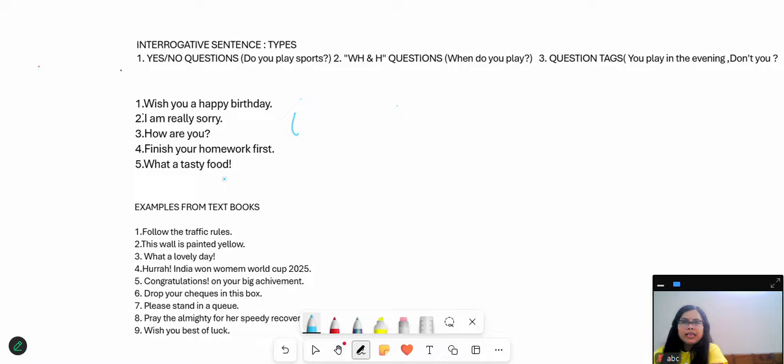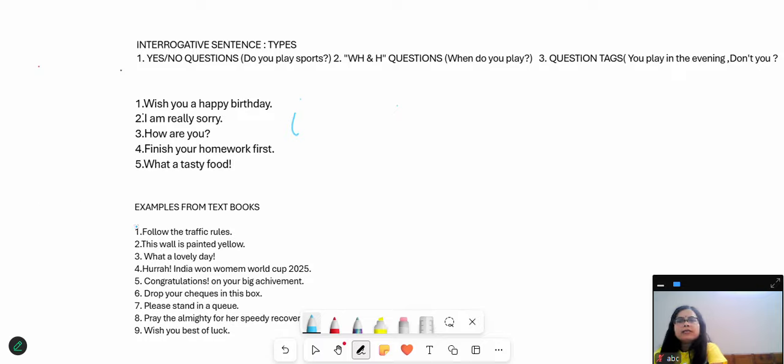And I told you that the punctuation mark, exclamatory mark always ends an exclamatory sentence. So this is one way to recognize. And the other way is that what a tasty food is a strong feeling or emotion of someone. So we got to know what the different sentences are and in which category they fall.